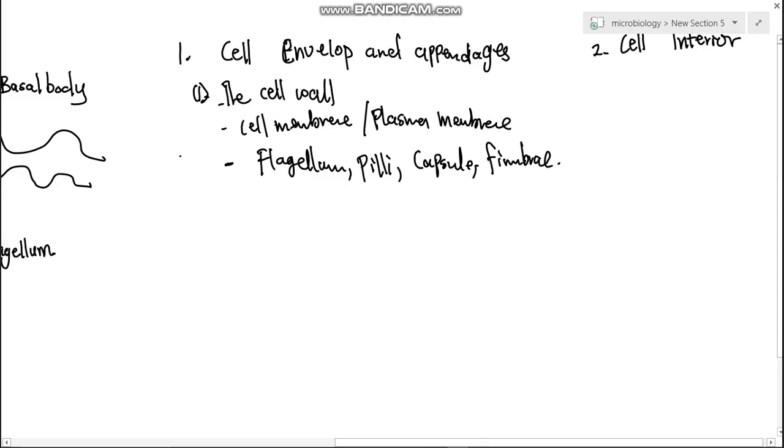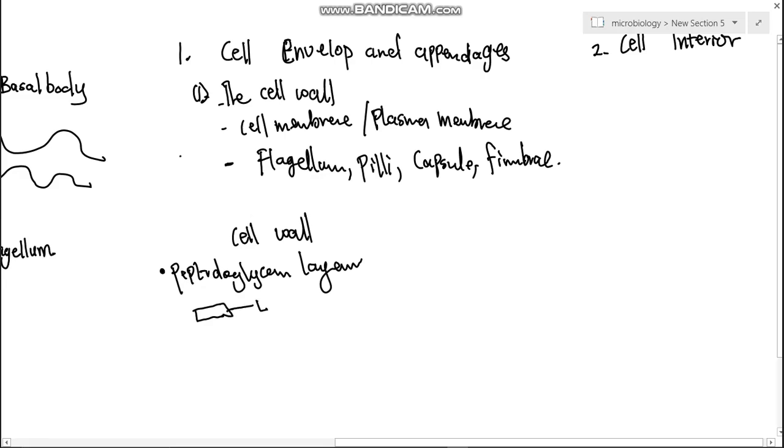With the cell wall of a bacteria. The bacterial cell wall is a very complex cell wall. What we have to notice about it is that it is made up of a peptidoglycan layer. Let me just give a sketch of how the bacterial cell wall is.